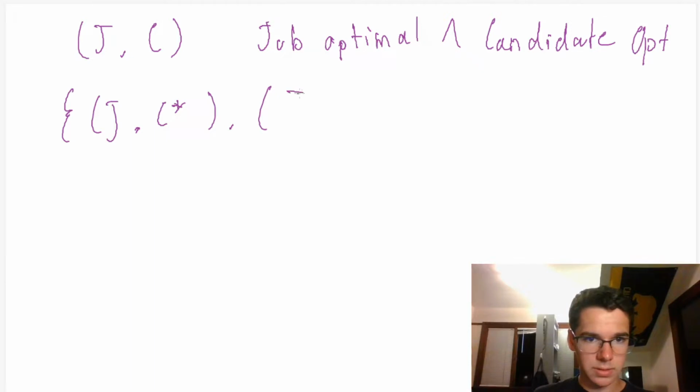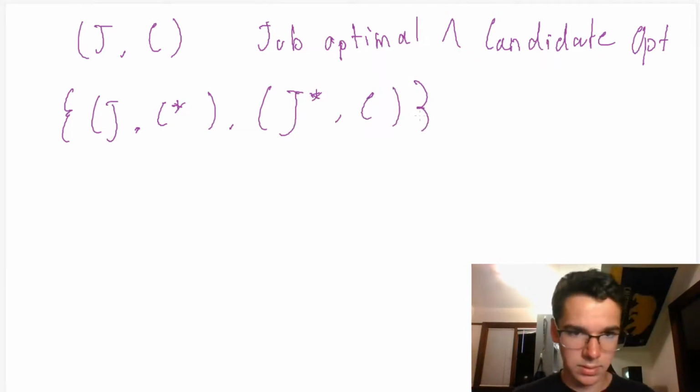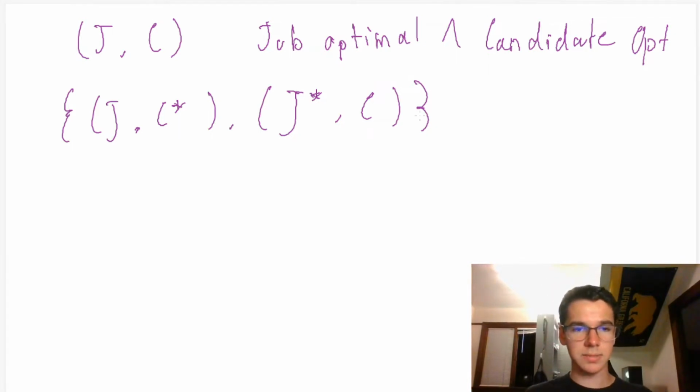And this is going to be J star, wants to be with C. So this is a stable match of some sort, right?